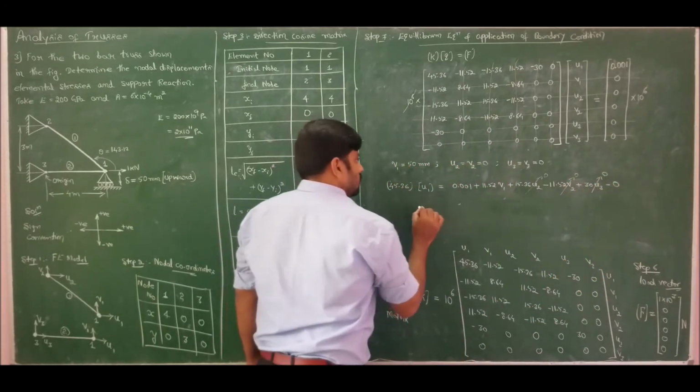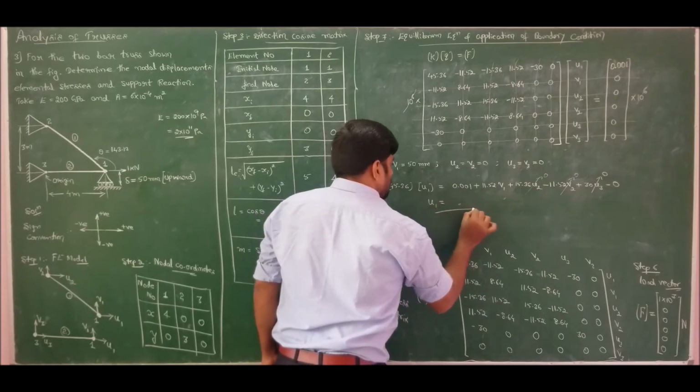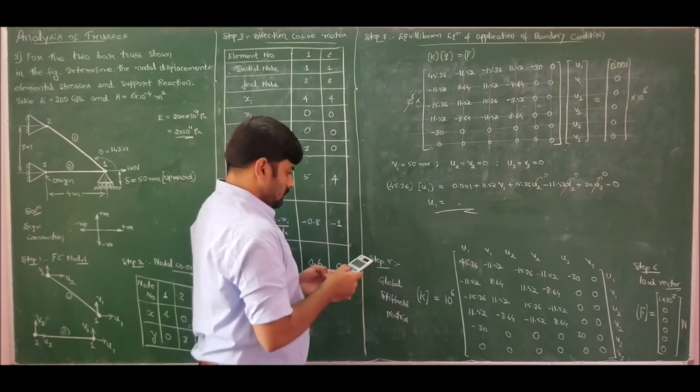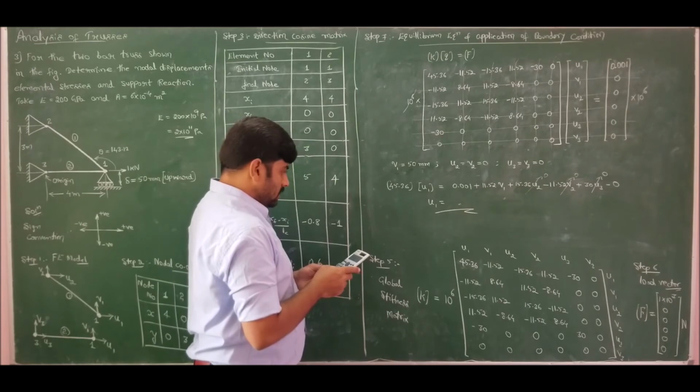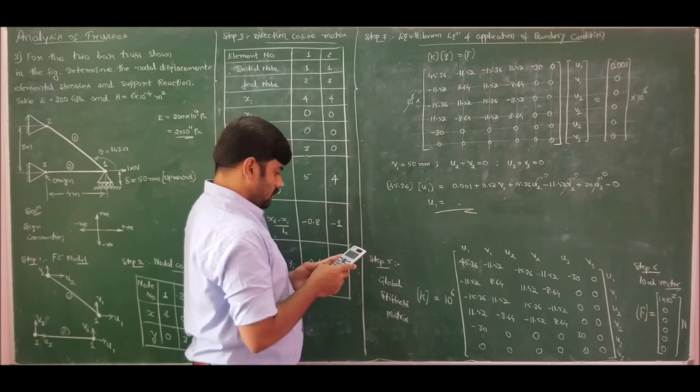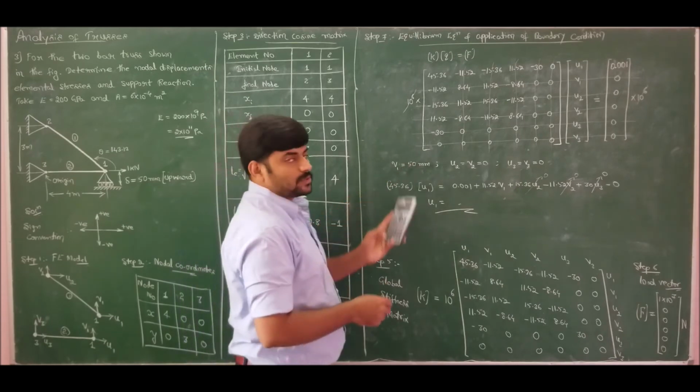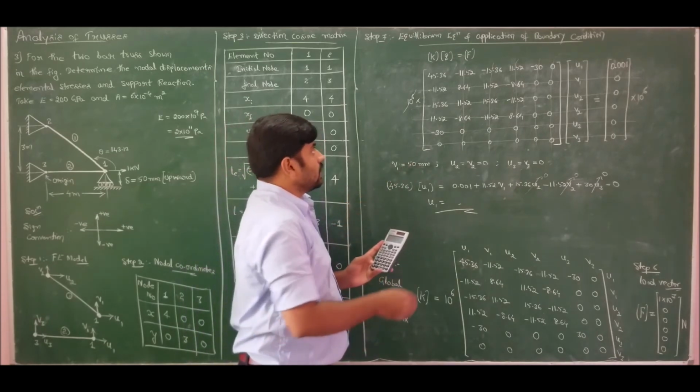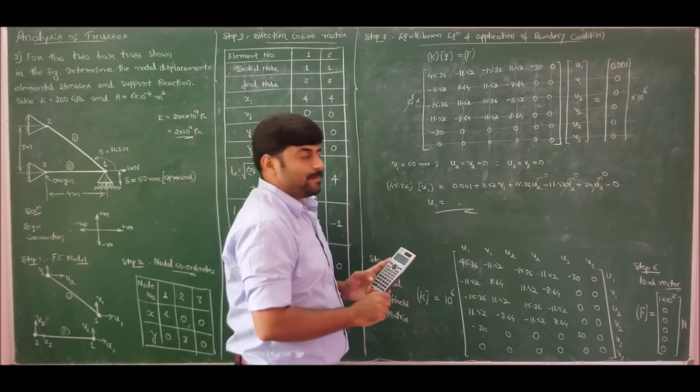So therefore, I will get the value of displacement U1 as 0.001 plus 11.52 into V1 should be substituted in meters. Very, very important because we are solving the entire problem in meters.